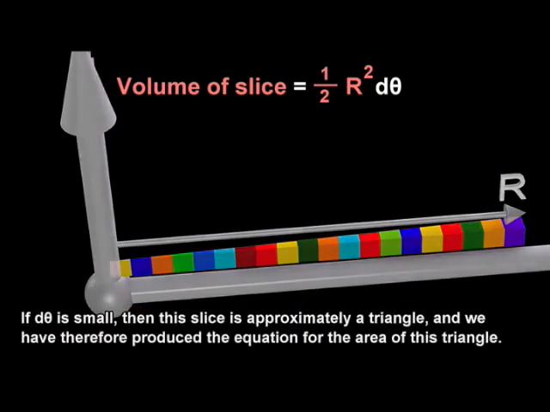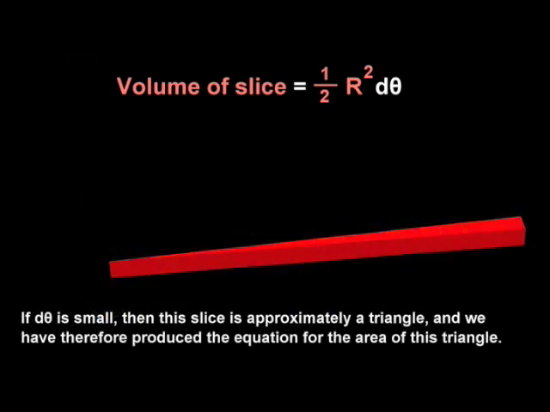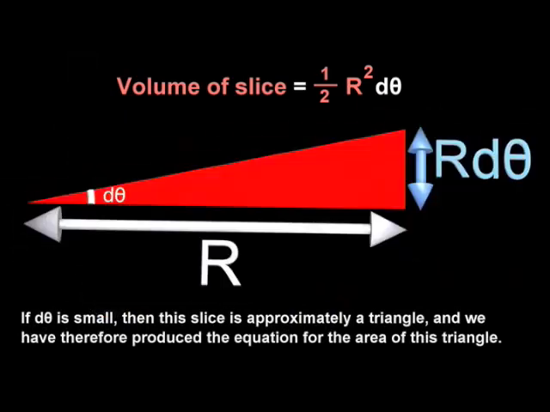If d theta is small, then this slice is approximately a triangle, and we have therefore produced the equation for the area of this triangle.